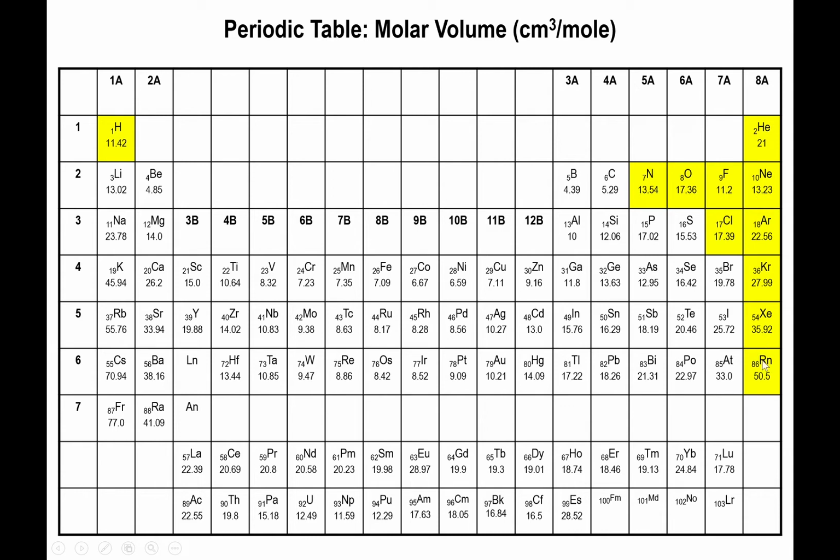Look at the worst case here, 50.5 cubic centimeters per mole versus 11.42 cubic centimeters per mole. That cannot be confused as saying they're roughly the same. That's pretty off. The percent error right there is huge.